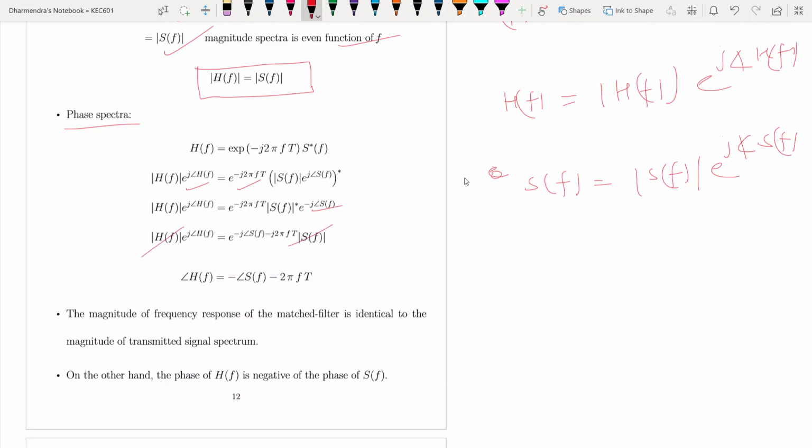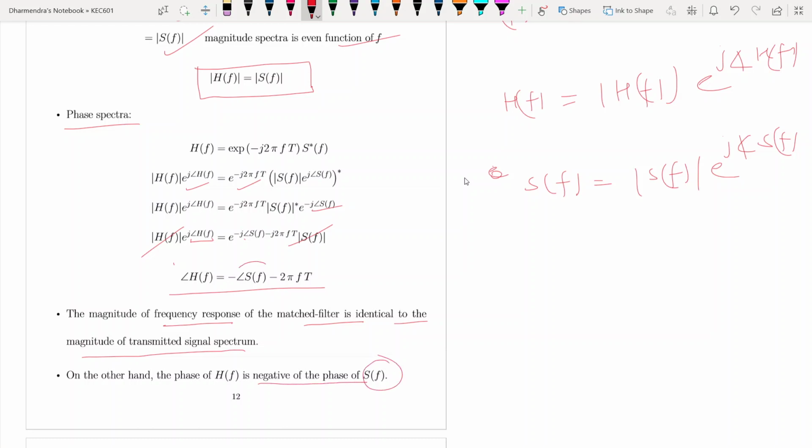Now I will compare the angle part of this exponential term, so I will get this one. So the magnitude of the frequency response of the matched filter is identical to the magnitude of the transmitted signal spectra. On the other hand, the phase of the frequency response is the negative of the phase of S of f.